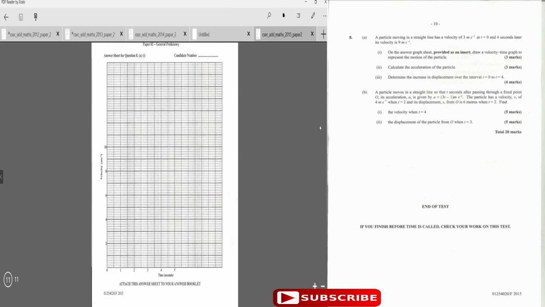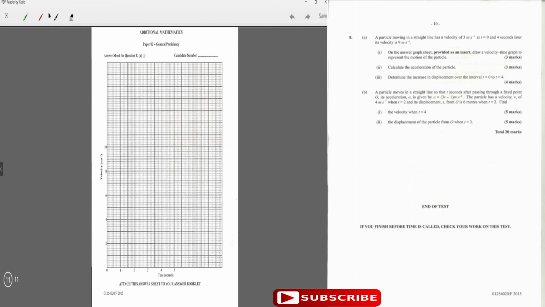When t is 0, it has 3 meters per second. 4 seconds later, its velocity is 9.